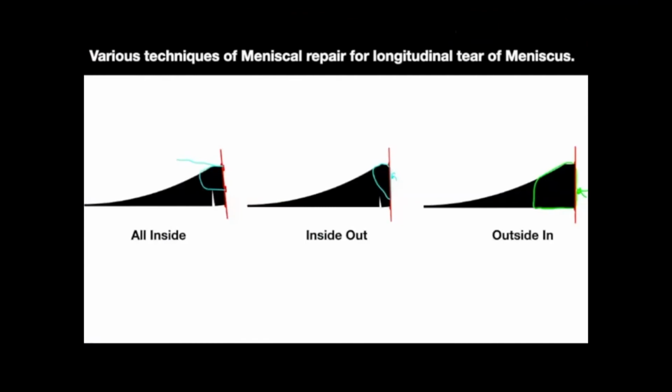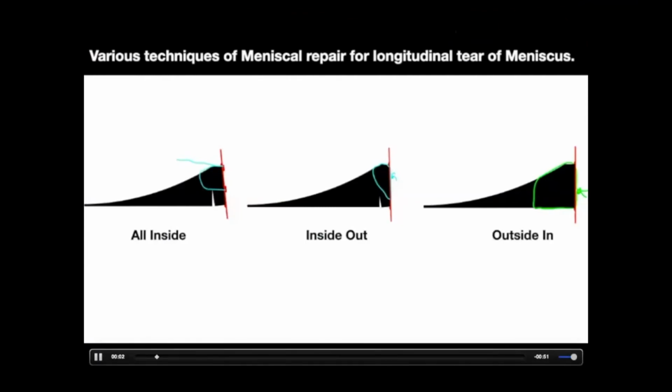So there are various techniques available: all inside, inside out, and outside in. As I have already mentioned during the video demonstration of all inside, as we make a suture, the inferior margin of the meniscus tear opens up.